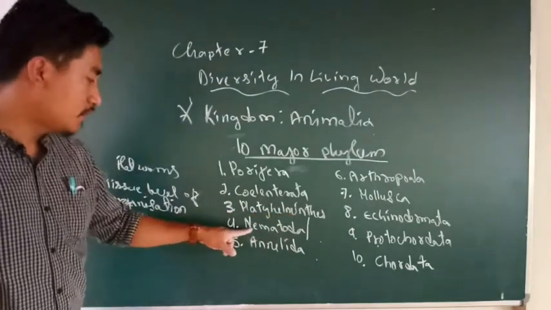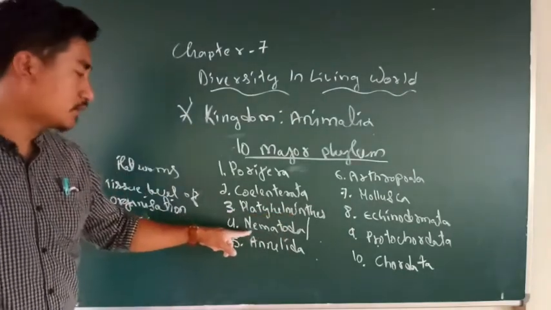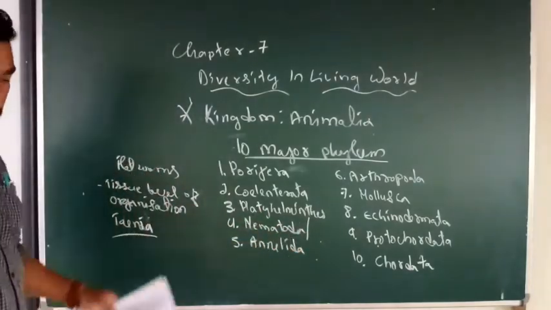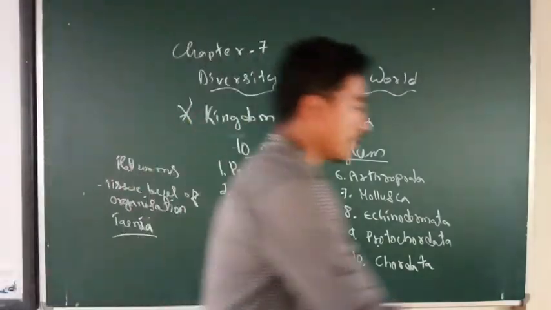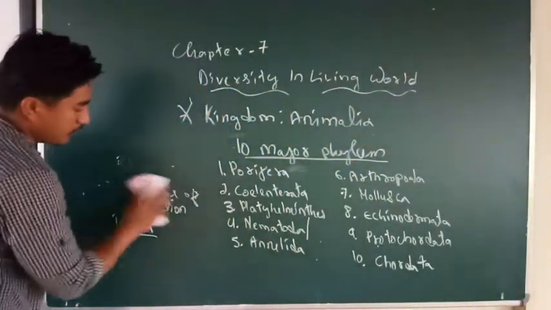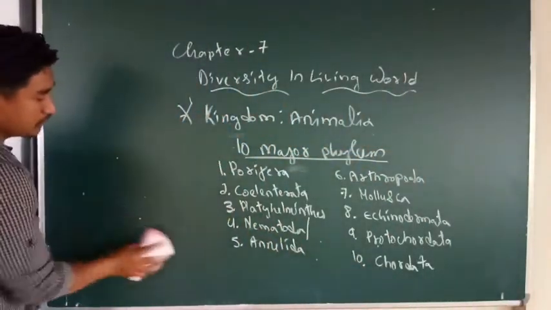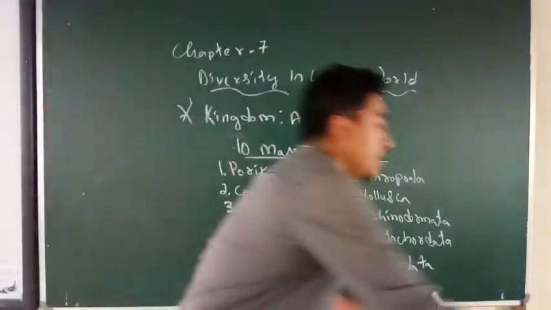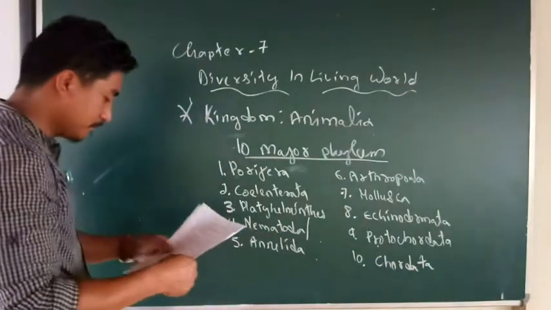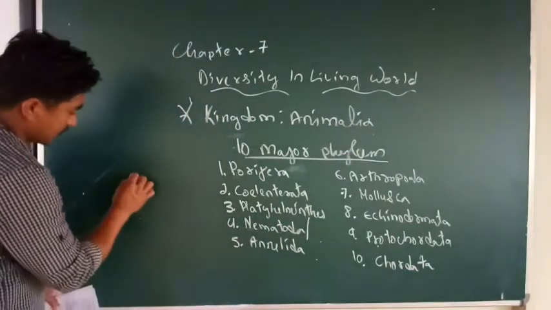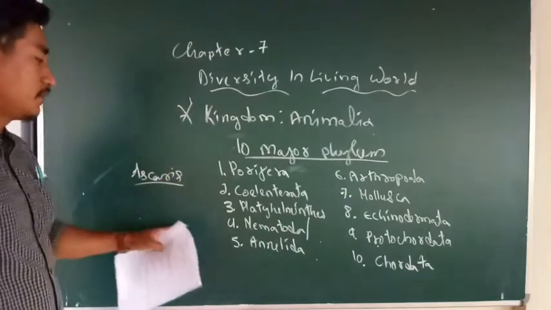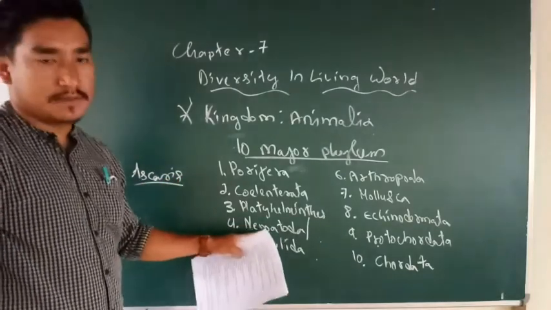Then we have Nematoda, or Aschelminthes, commonly known as roundworms. They are also bilaterally symmetrical. An example is Ascaris.